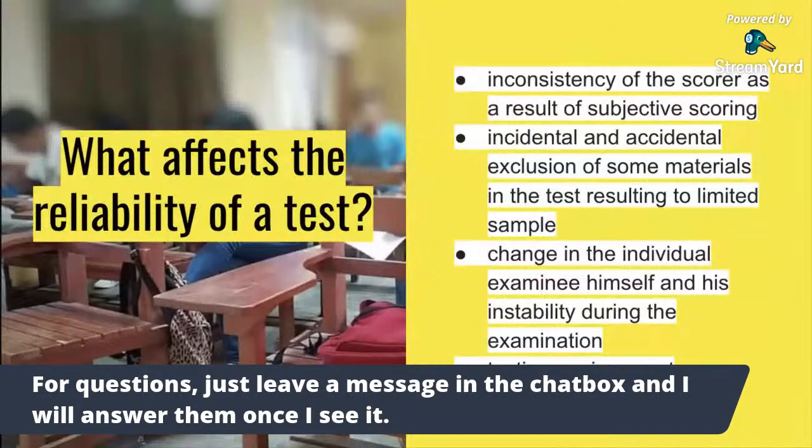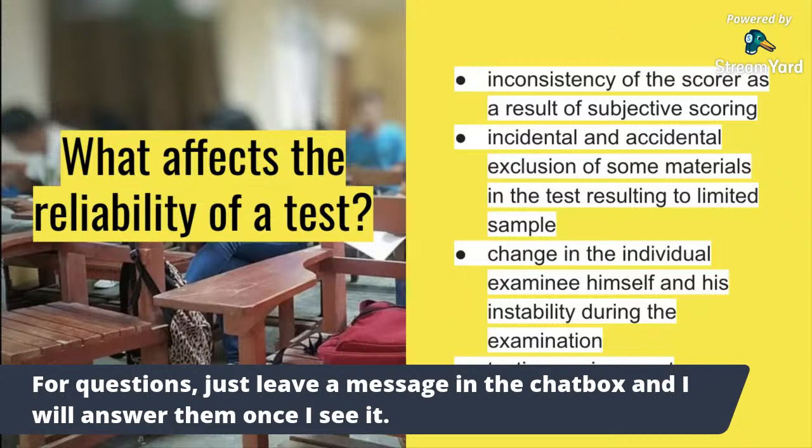So for example, if a person takes the test again, will he or she get a similar test score or a much different score? Okay, so that's just one way of understanding what reliability is. For example, a person takes a test now and then takes the test again. Will he or she get a similar test score or a different score?